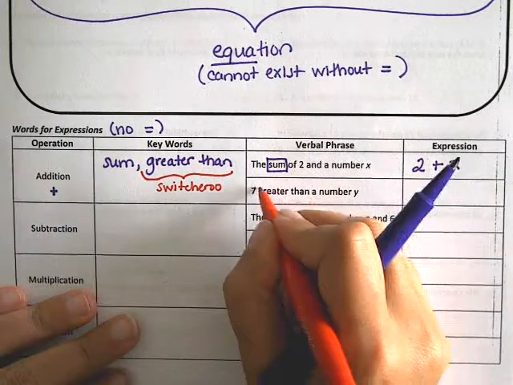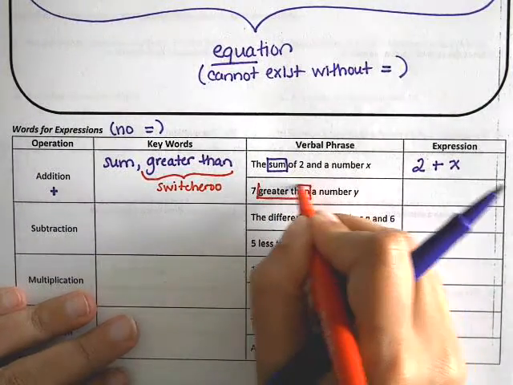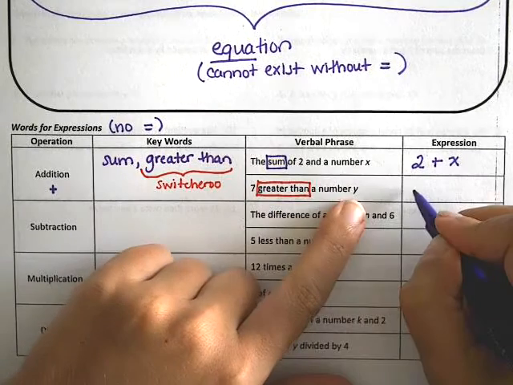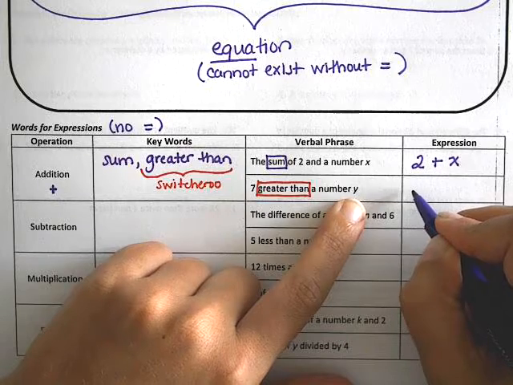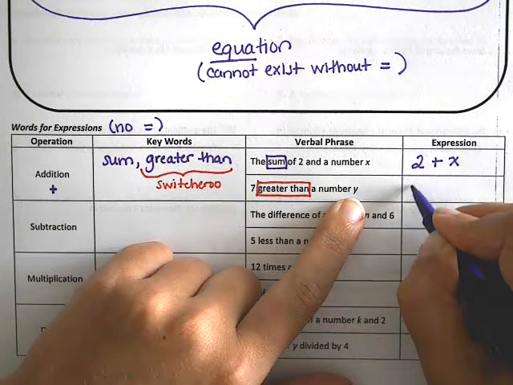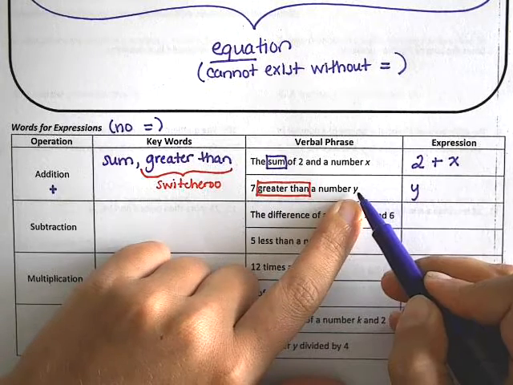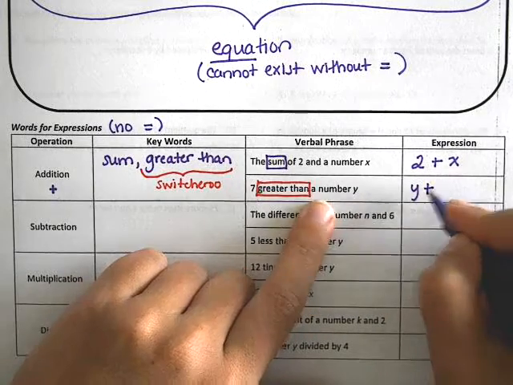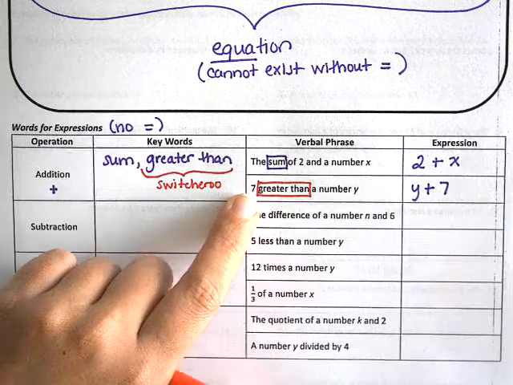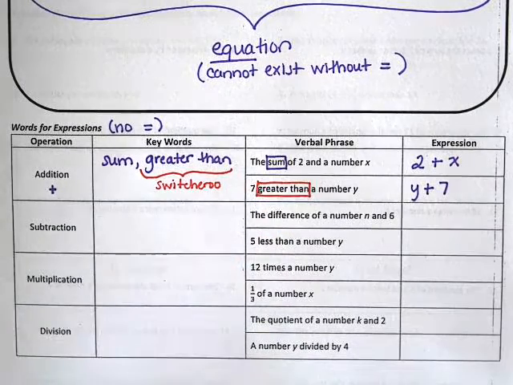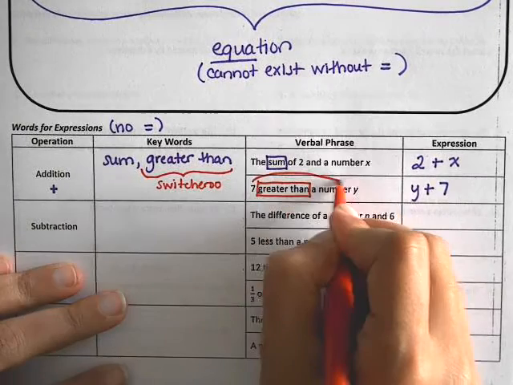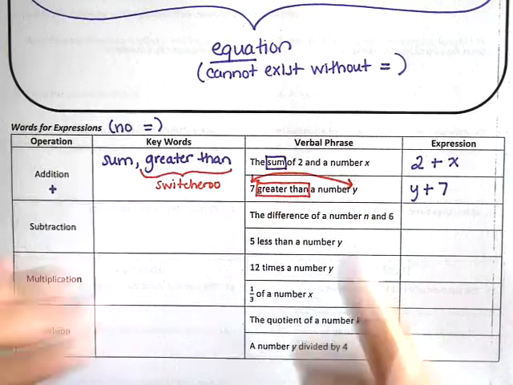When I see 7 greater than a number y, that actually means switch the order in which you write things. So the y, which is at the end of the sentence, goes at the beginning of the problem. Then the plus sign, and then the 7, which is at the beginning of the sentence, goes at the end of the problem. So you switch the order in which you write the two different terms.